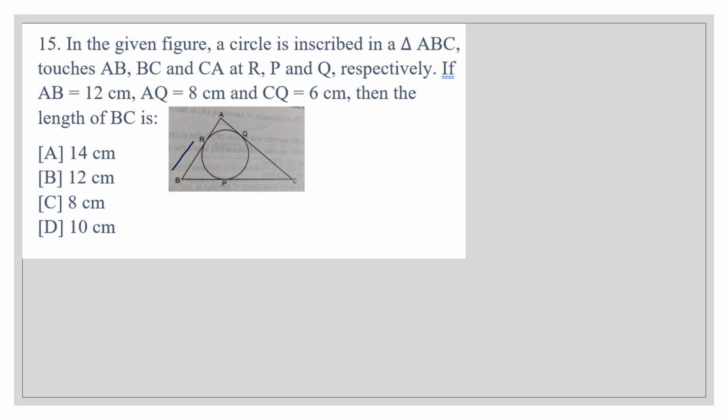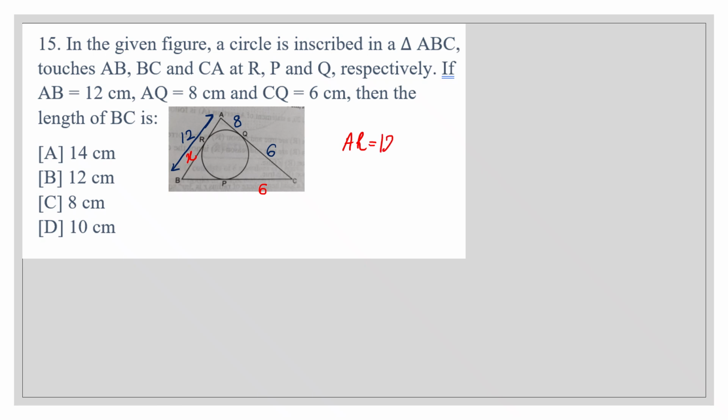Total AB is given as 12, AQ is given as 8, CQ is given as 6. So if I'll say this one is 6, this is also 6. If this one is X, what about AR?